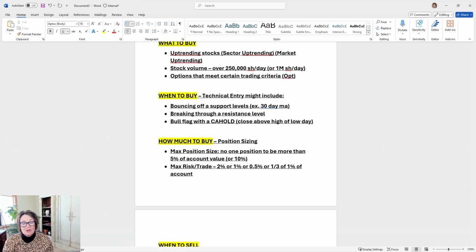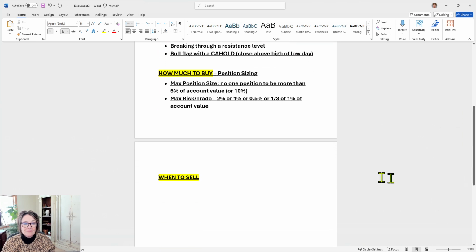In our trading of a smaller account, we're willing to risk 2% of 25,000, or about $500. In our pretend $1 million account, we don't want to risk more than 3,300, which is 1/3 of 1%. This just gives you an idea, okay?